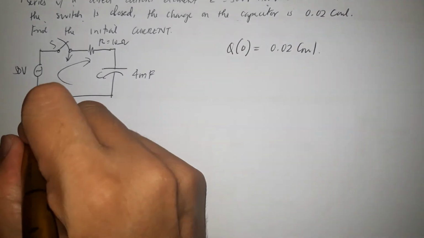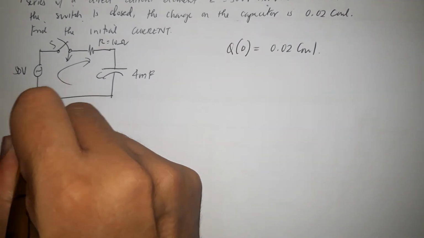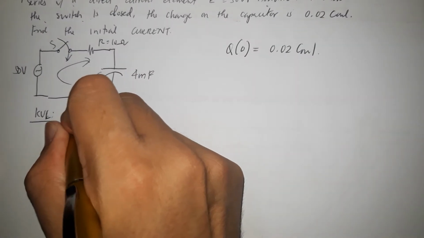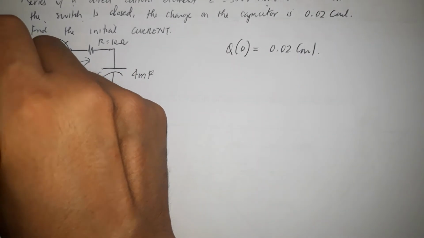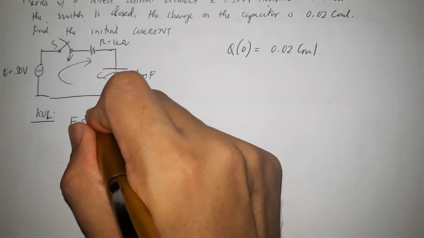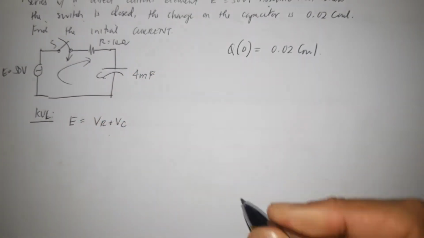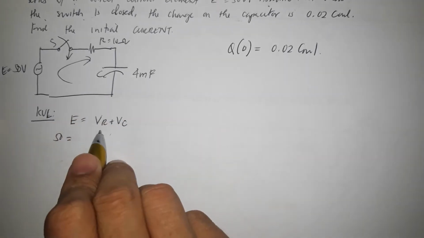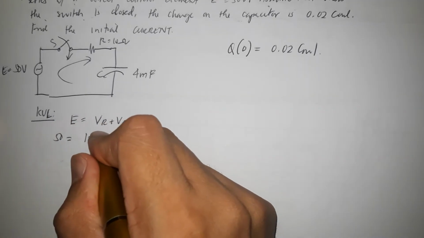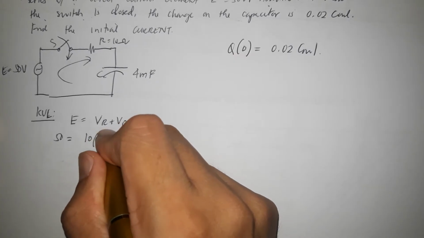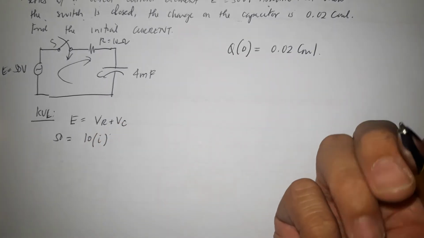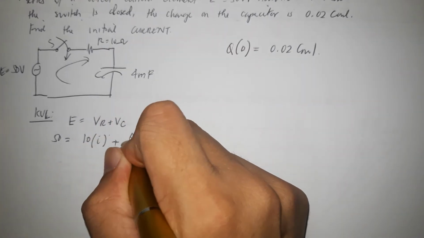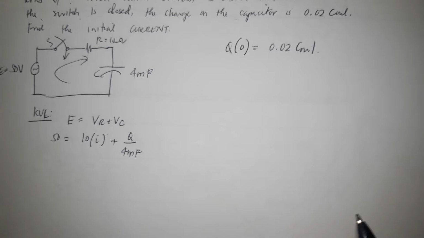So again, by KVL, we have E is equal to, remember our voltage E is 50 volts, VR plus VC. So we have 50 is equal to R, which is 10, times the current, that's IR, plus Q over 4 millifarad.